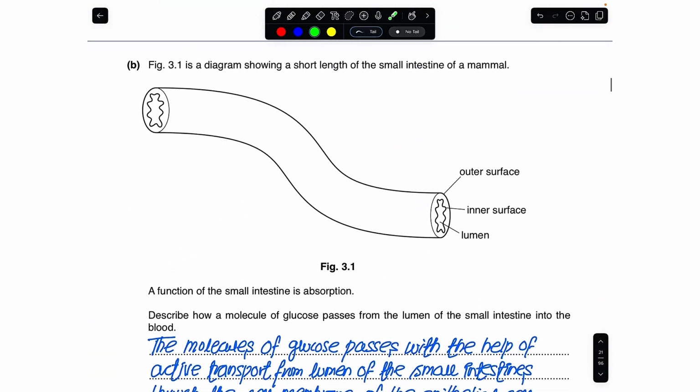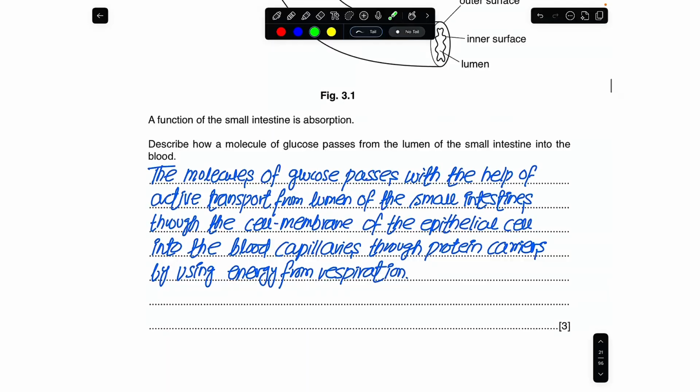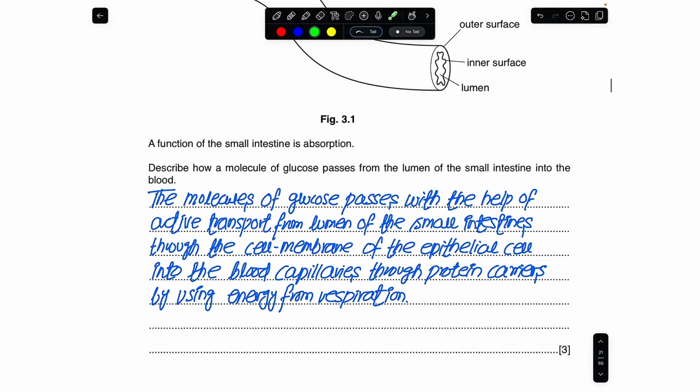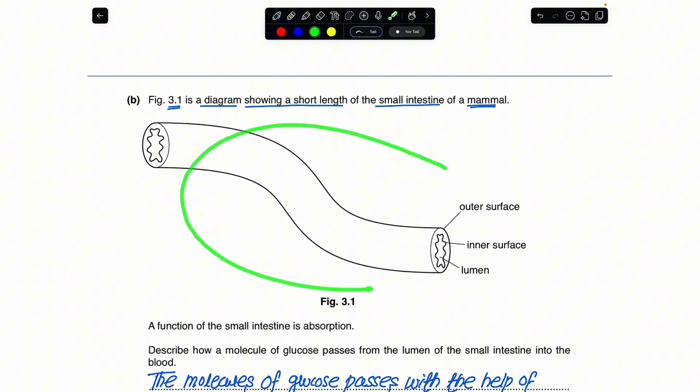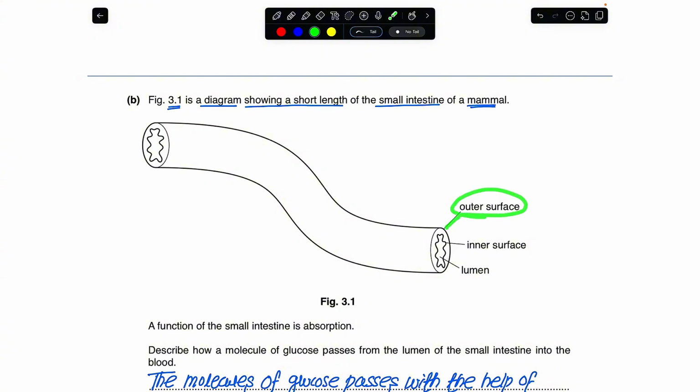Now, if we come to the B part, the total marks are 3, and they tell you that this figure 3.1 is a diagram showing a short length of the small intestine of the mammal. So they have shown you the small intestine of a mammal, and in the diagram they show you the outer surface, then the inner surface, and then the empty space where the digested food would be available.